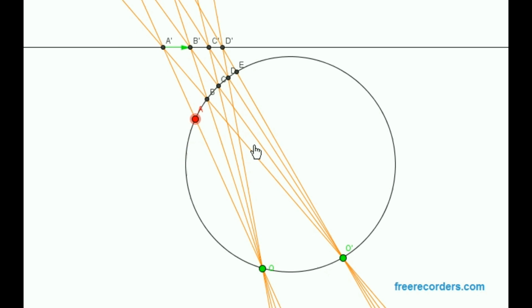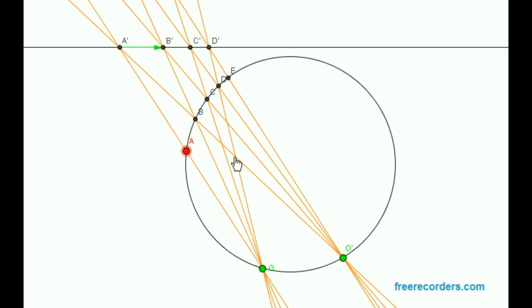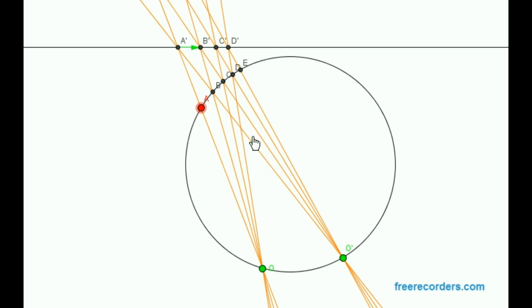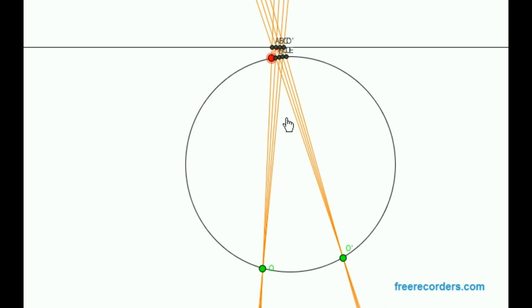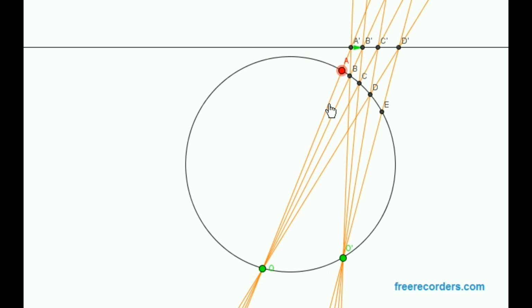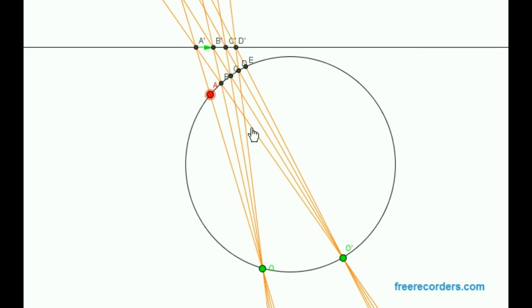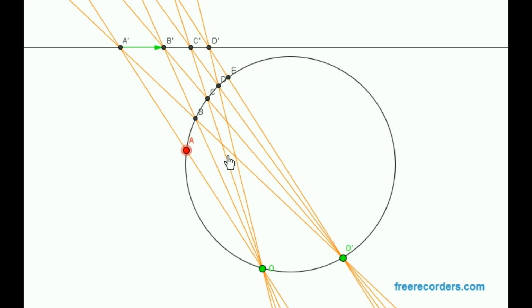So you see I've drawn this green arrow here showing how A dash maps to B, and by moving A dash around we can see how all the different points on the line are translated to the right. And what we're going to do now is look at this translation in a different sort of way.